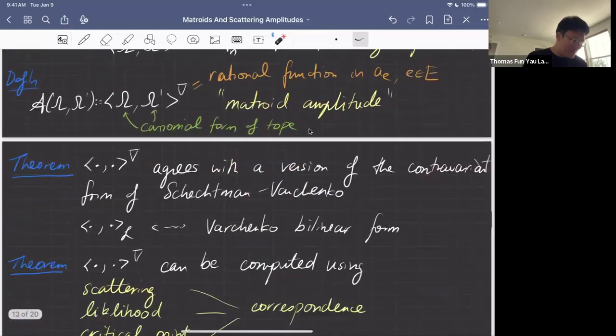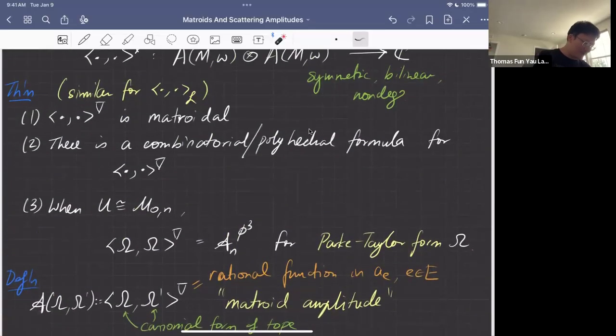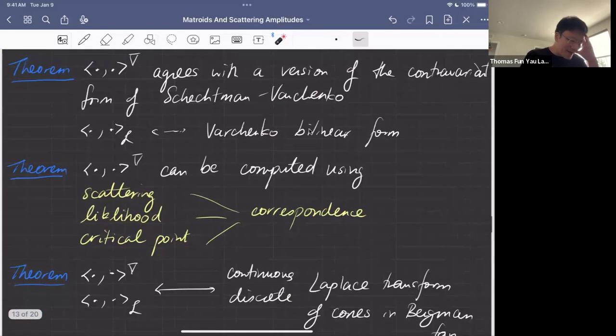So I'm going to expand on all of these in this special case to explain it. But let me say a few other features of this. The de Rham version of this intersection form is one of the variants of a form studied by Schechtman and Varchenko maybe 30 years ago. They called it a contravariant form.